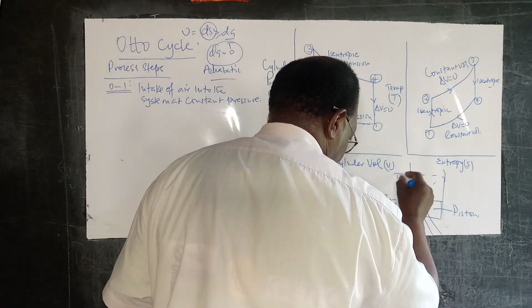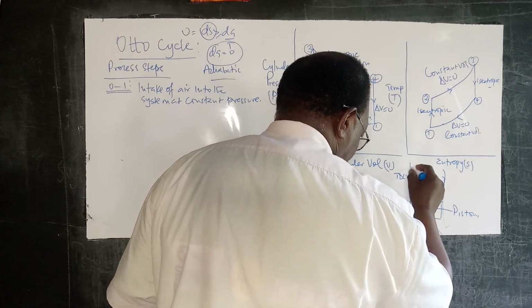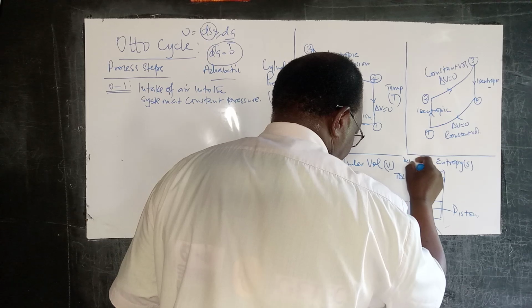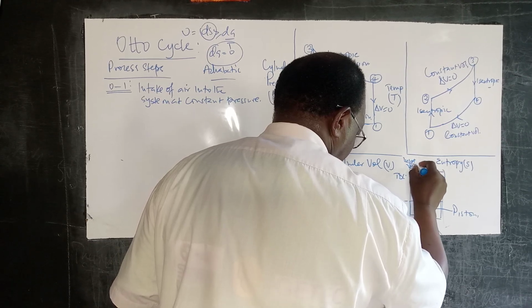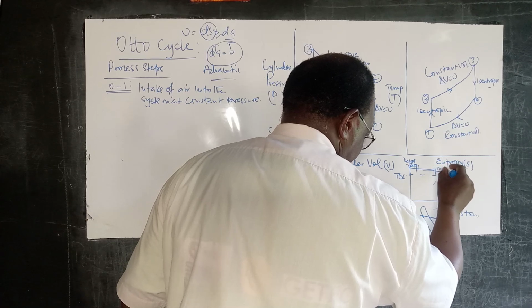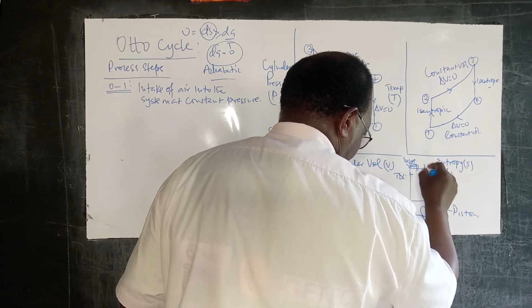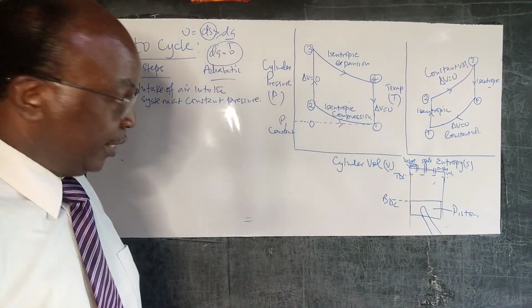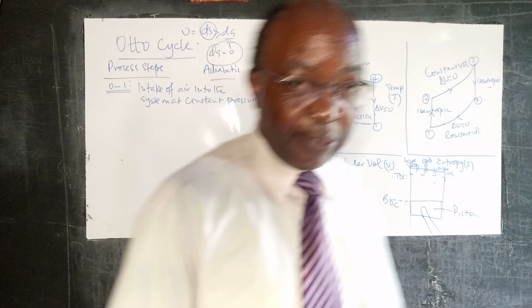Let's put TDC there. And we are talking of this piston as having valves. This is the inlet valve. We had the outlet valve or exhaust valve, and of course we had the spark system. It could be a compression ignition system, or it could be a spark ignition system.